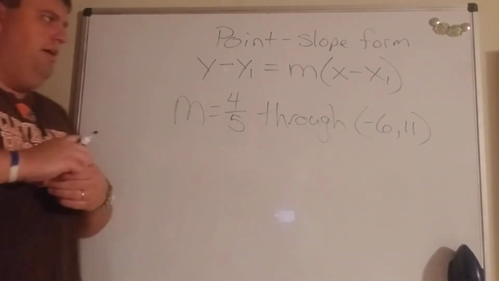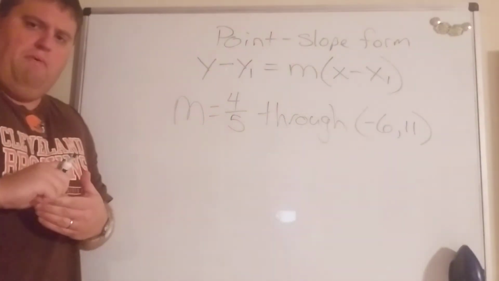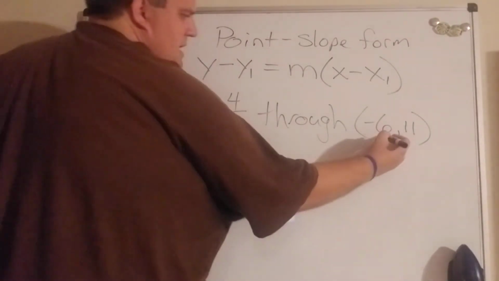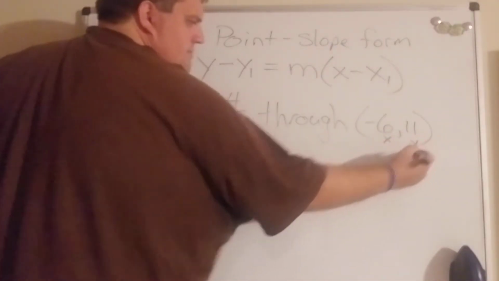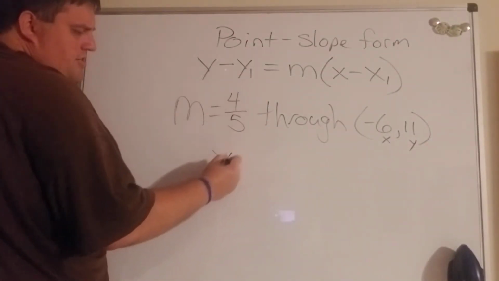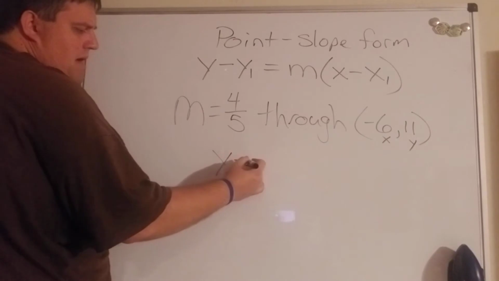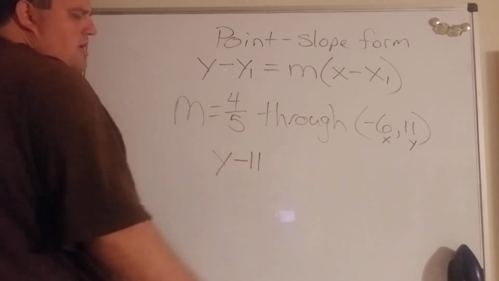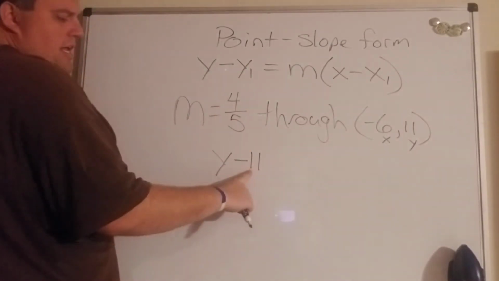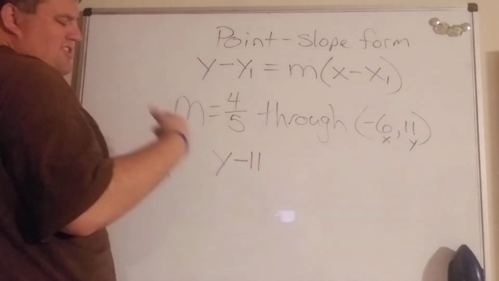If I want to write it in point slope form, I'm going to use this for my x and my y. Over here where it's y minus y1, ours is going to be y minus 11. This is positive 11, so when I put it in, it's negative 11. Basically, it just flips the sign.